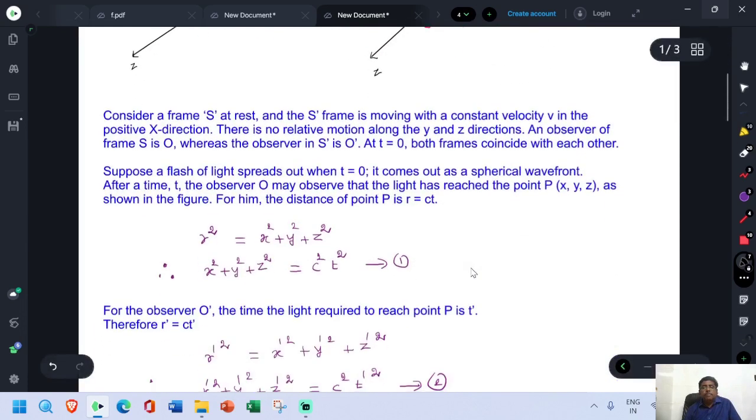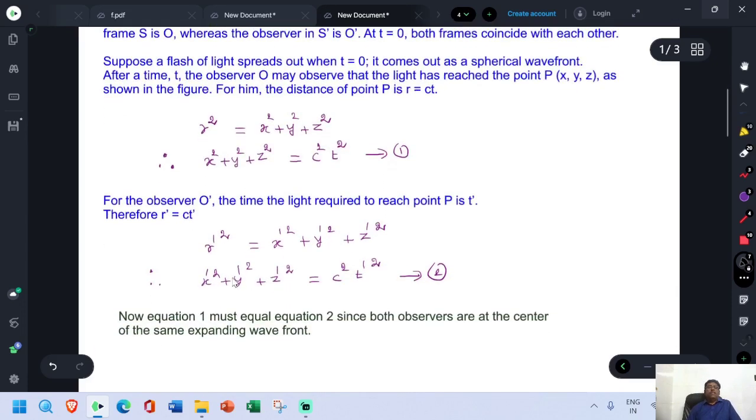From the diagram, we can write r square is equal to x square plus y square plus z square. Therefore, x square plus y square plus z square is equal to c square t square, because displacement equals velocity into time. For the observer O dash, the time the light requires to reach the point P is t dash.